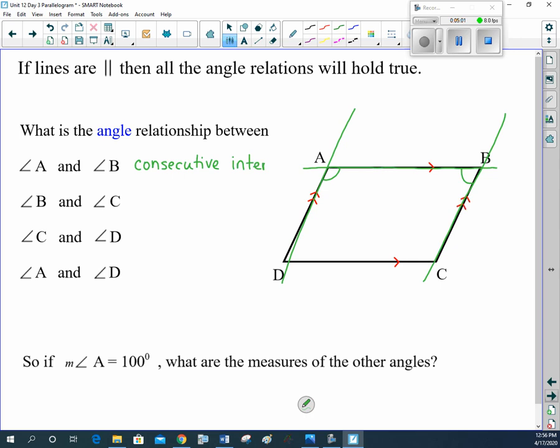I don't know if you remember the theorem on that one, but consecutive interior angles add up to 180. So they're supplementary.